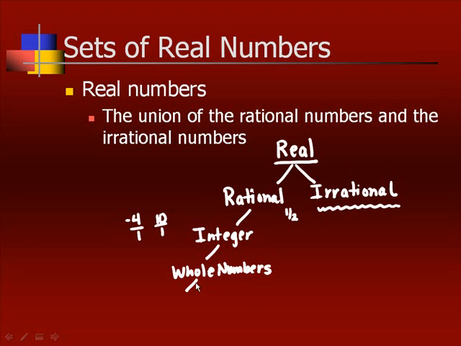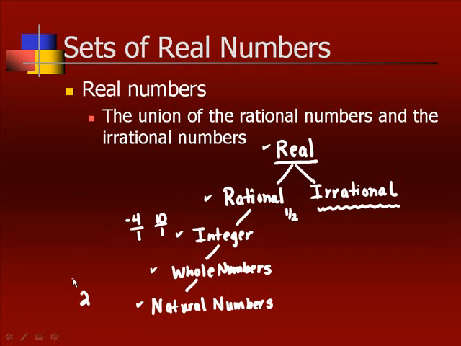And then if a number is a whole number, it could be a natural number. Now remember, the only difference between a whole number and a natural number is 0. So for instance, if you have a number like 2, 2 is a natural number, therefore it is also a whole number, therefore it's also an integer, it's also a rational, and it's also a real.